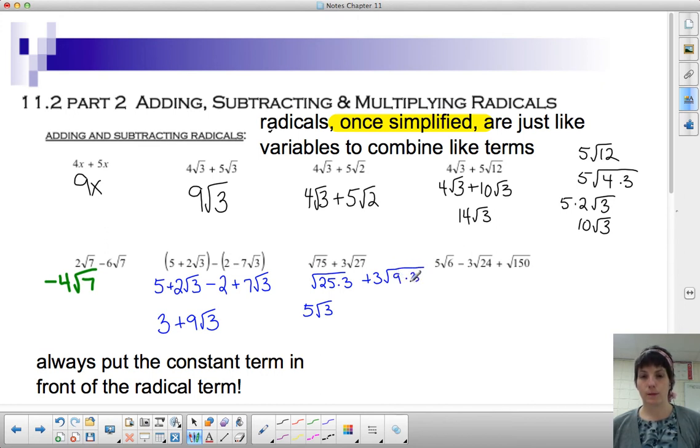So we have a 3 already out there. The square root of 9 is 3, and we get a 3 stuck underneath the radical. So we actually are looking at 5 root 3 plus 9 root 3. So my answer should be 14 root 3.